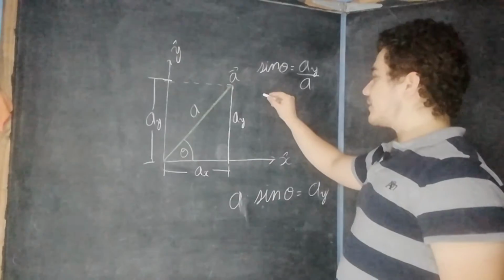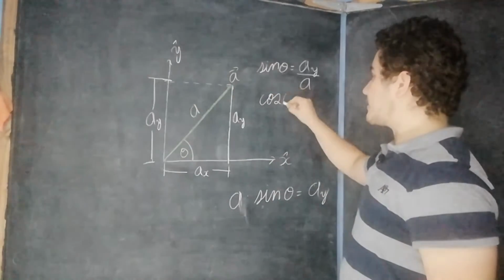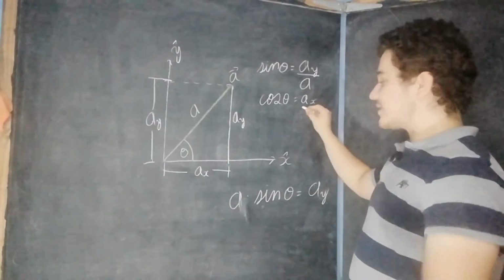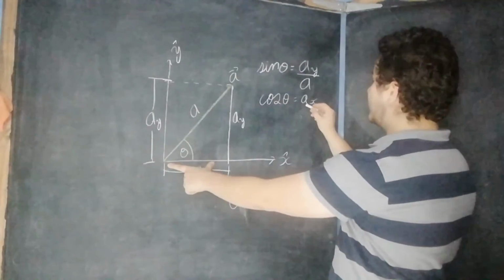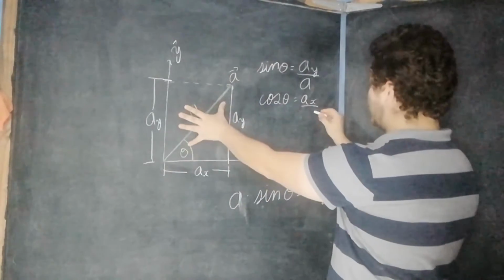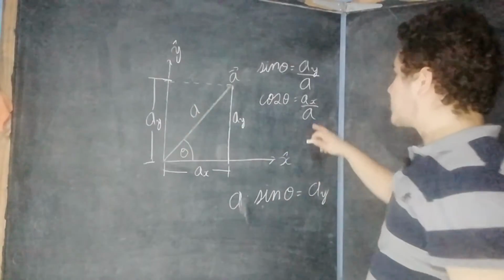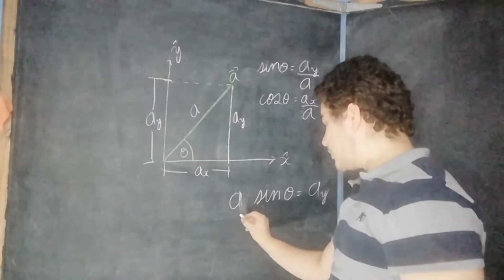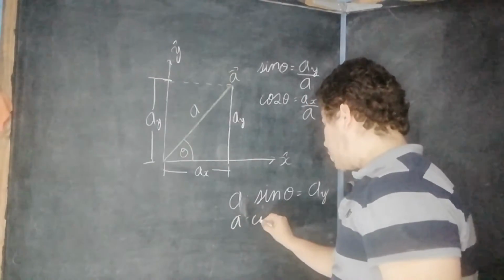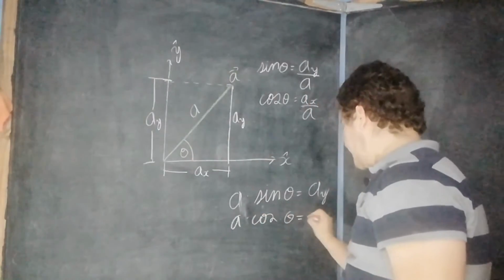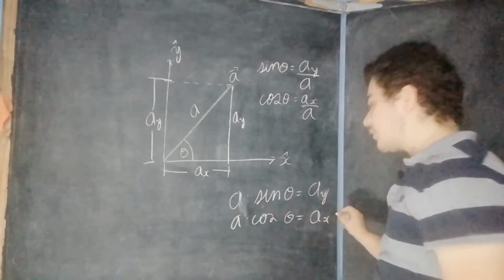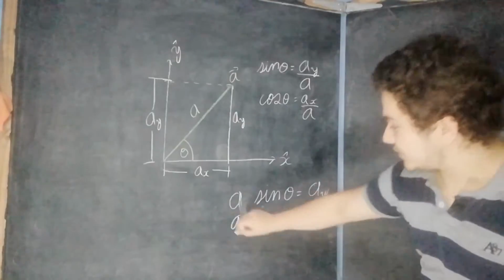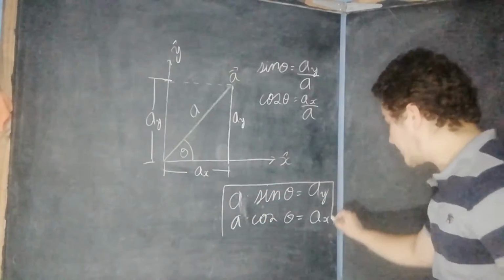The cosine of theta is equal to the component x, that is this side, divided by the hypotenuse, and it is A again. So we solve again for the component x of the vector, and we see that A times cosine of theta equals the horizontal component of the vector. This is very important, and we should probably take note of this, okay?